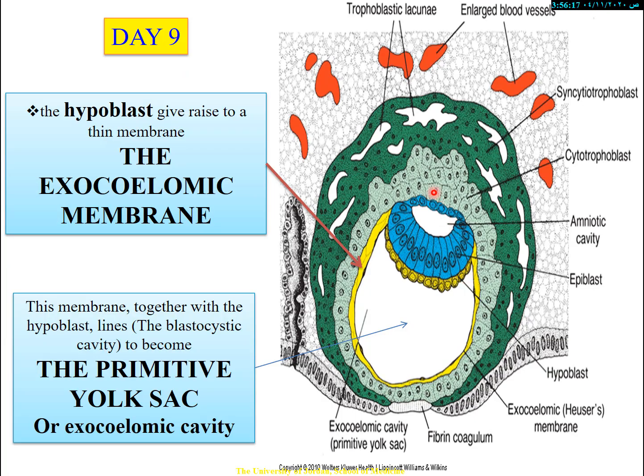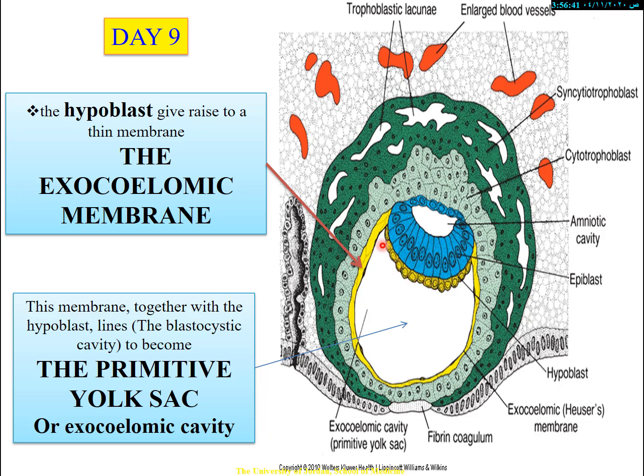Day 9, and we're still in the second week of development. As you can see, the hypoblast gives rise to a thin membrane. Let me break it to you here that the epiblast will do nothing during the second week of development. The lights would be on the hypoblast.